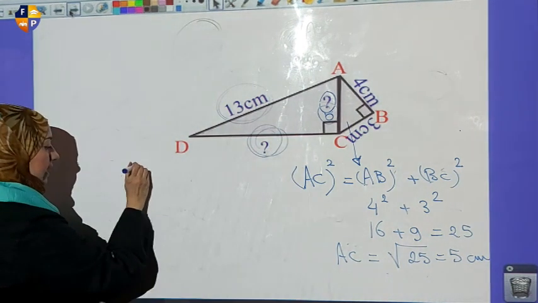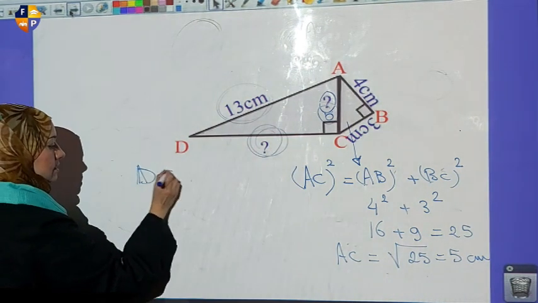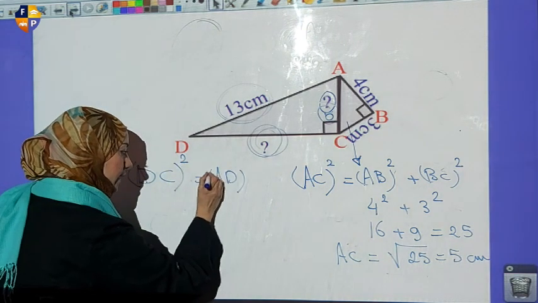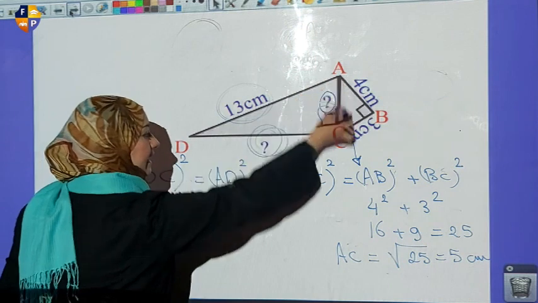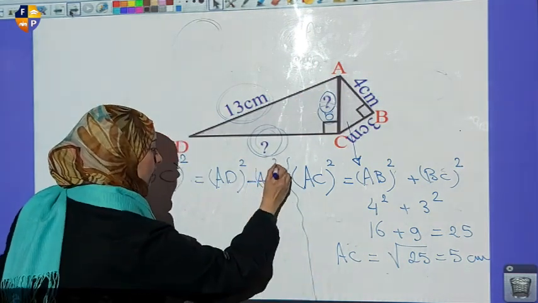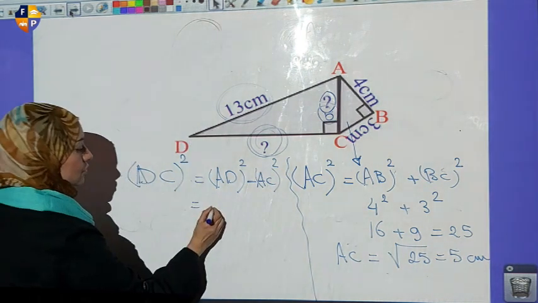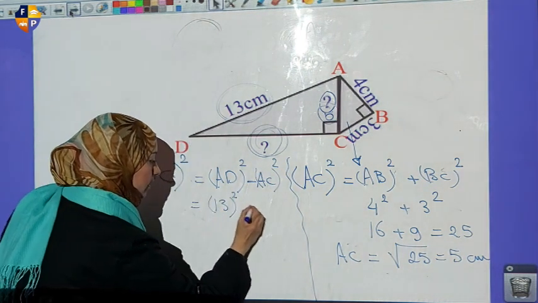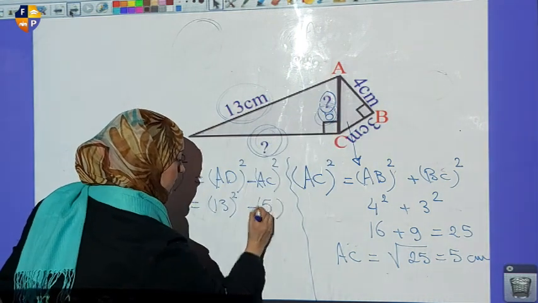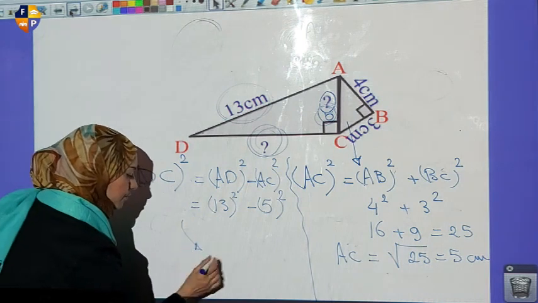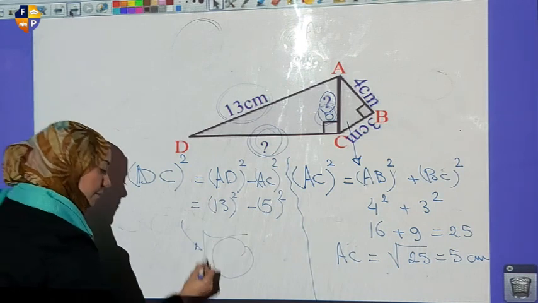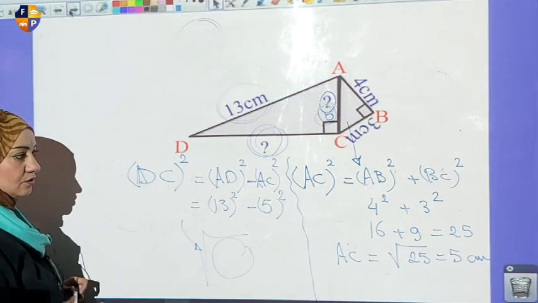Then DC square equals AD square minus AC square, equals 13 square minus 5 square, and you will use the calculator. By calculator you will obtain the answer after you put it under the root.